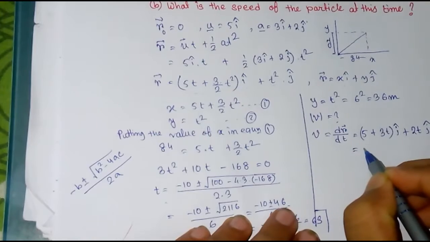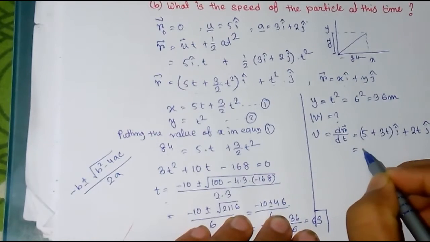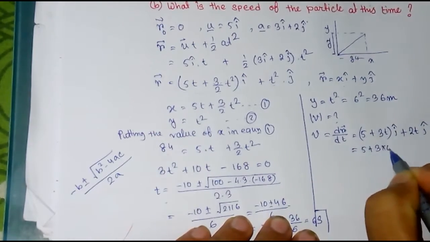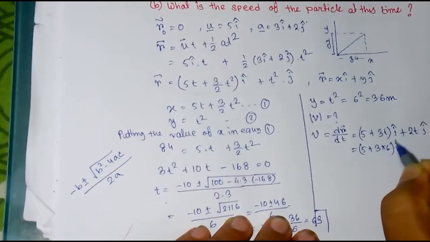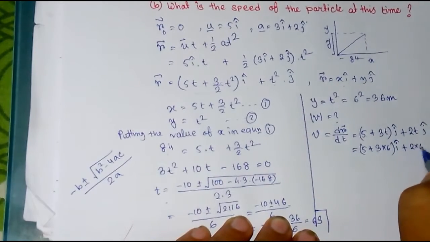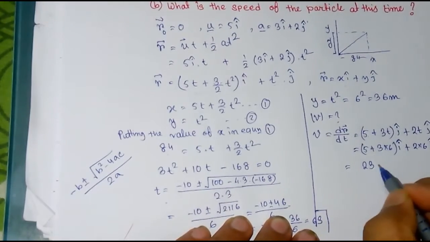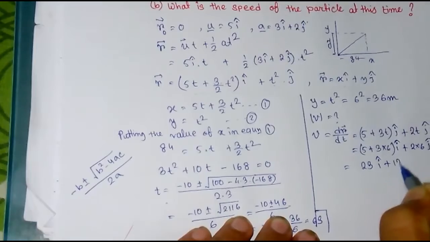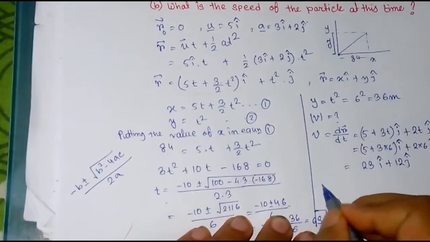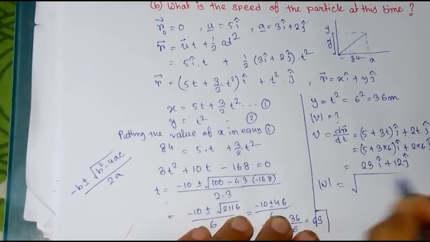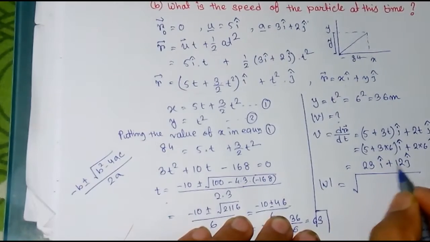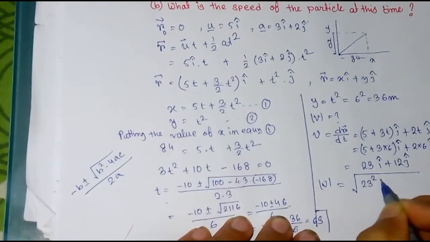Now if you put the value of t, what do you get? (5 plus 3 into 6) i hat plus 2 into 6 j hat. Now you get 18 plus 5, that is 23 i hat, plus 12 j hat, right? Now what is the magnitude of this? Square root of the square of the x component plus the square of the y component.